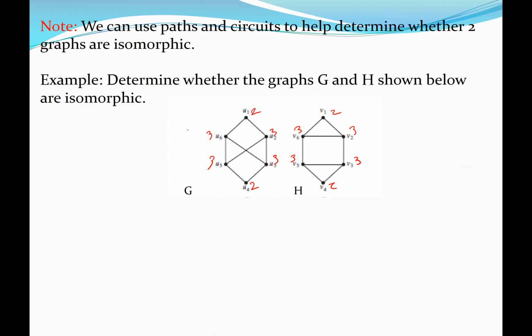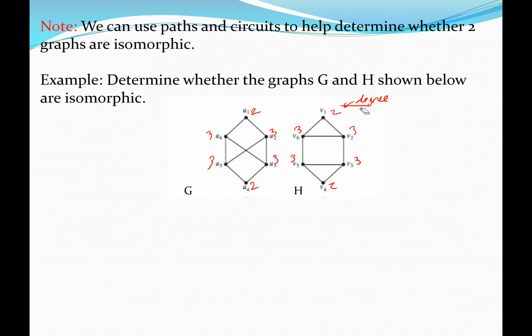Graph G has 2 vertices of degree 2, same thing with H. And graph G has 4 vertices of degree 3, so does graph H. So they have pretty much the same number of vertices, edges, and degrees. However, G and H are not isomorphic.